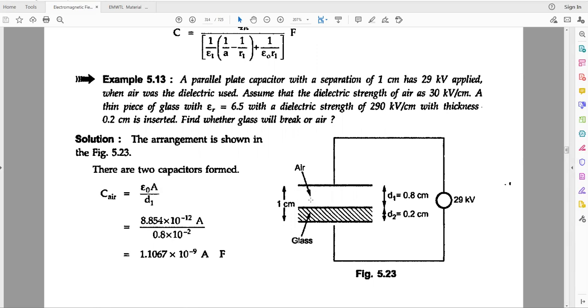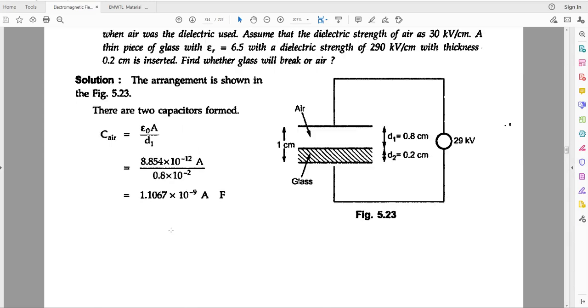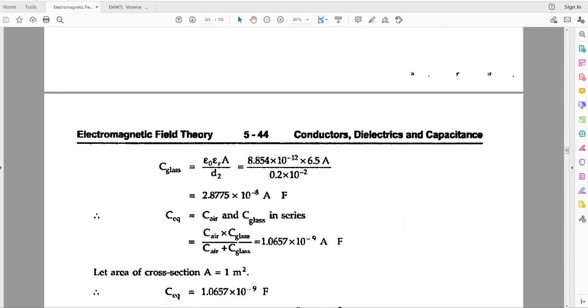Now we find C in the air with the distance of 0.8 centimeters and C in the glass with the distance of 0.2 centimeters. We got C glass equal to 2.877 times 10 to the power of minus 8 A farads. A is the area of the plates. And C equivalent is the series combination of C air and C glass, so C equivalent is C air times C glass by C air plus C glass.